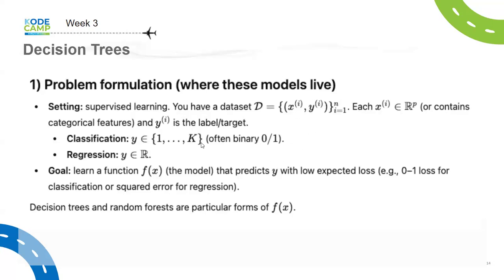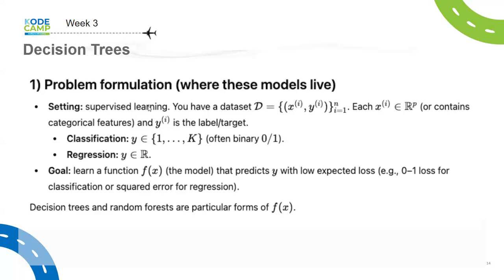Then the Y, of course, is a label, is a target. That's what you want to train on. So you can use decision trees to solve classification problems because in that case, your Y has to be in a class, right? And it's often binary, true or false, 0 or 1, yes or no, and so on.